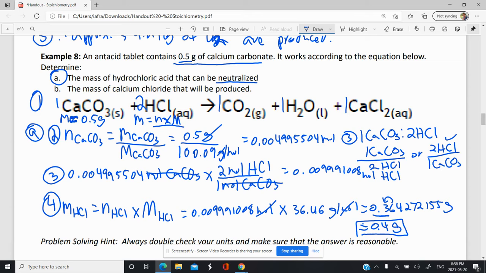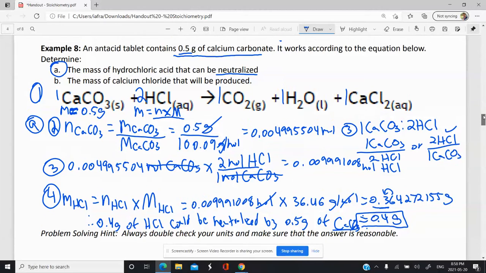So we could say that, therefore, 0.4 grams of HCl could be neutralized by 0.5 grams of calcium carbonate. All right, so that was part A.